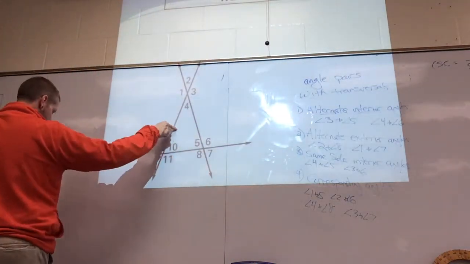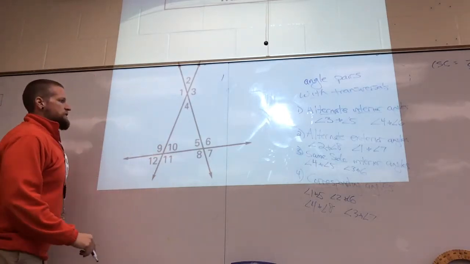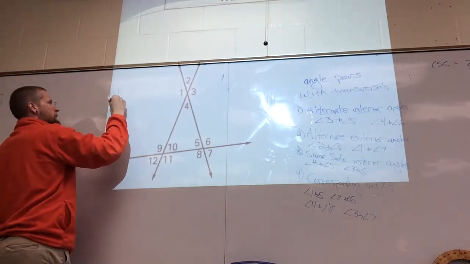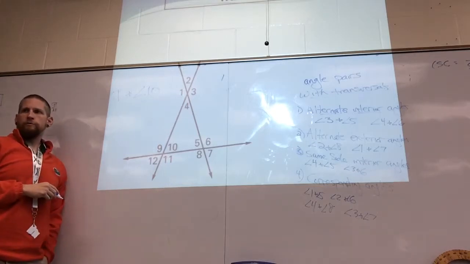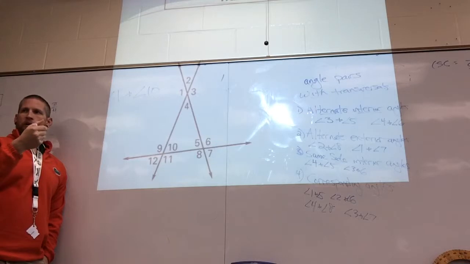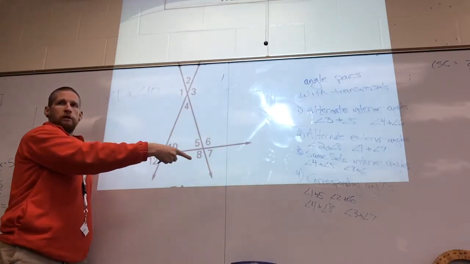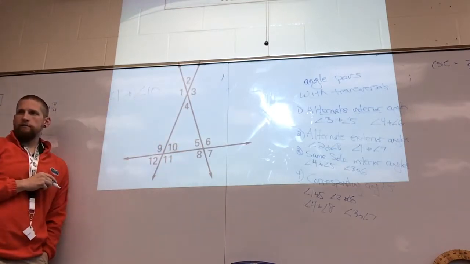Let's say with this problem here, I said something like angle 1 and angle 10. I want you to determine what kind of angles, in terms of the things we've just done, which one of those 4 names would fit 1 and 10.